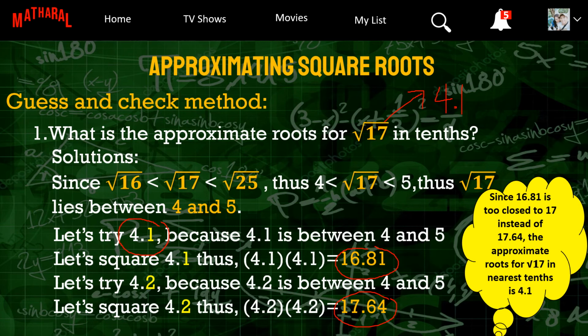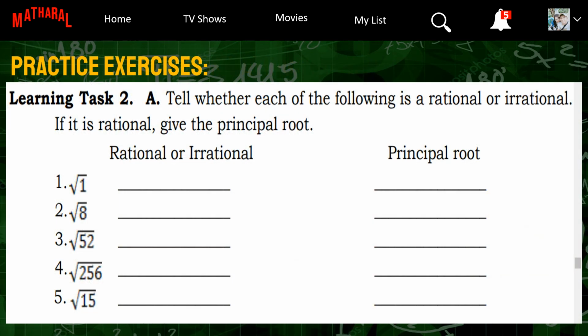In our practice exercises, learning task 2, we're asked to tell whether each of the following is rational or irrational. If it is rational, give the principal root. For number 1, is the square root of 1 rational or irrational?